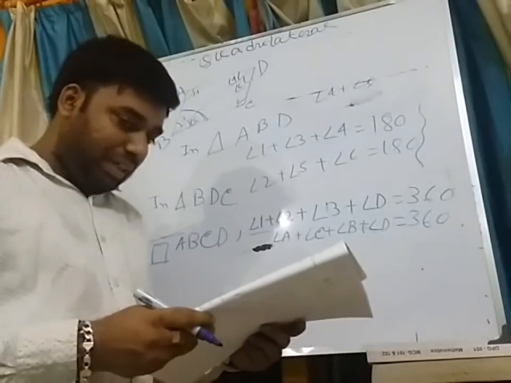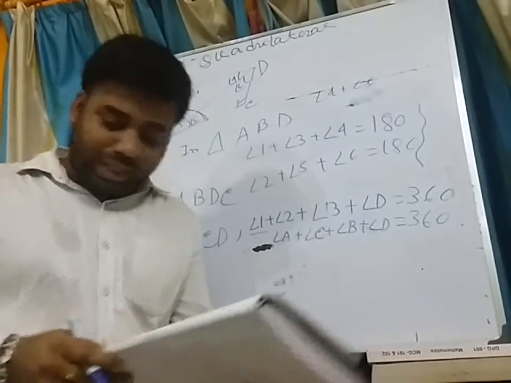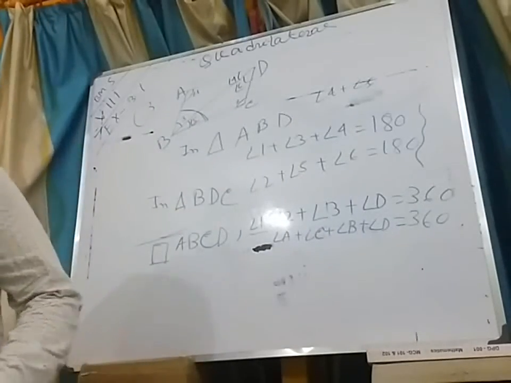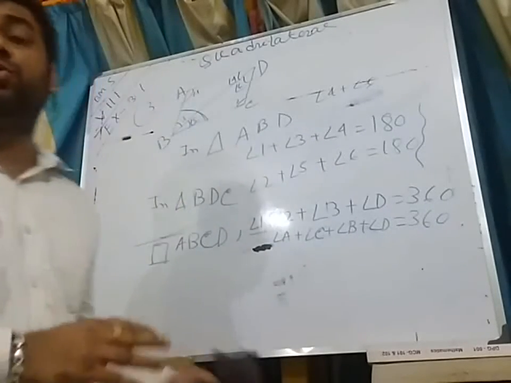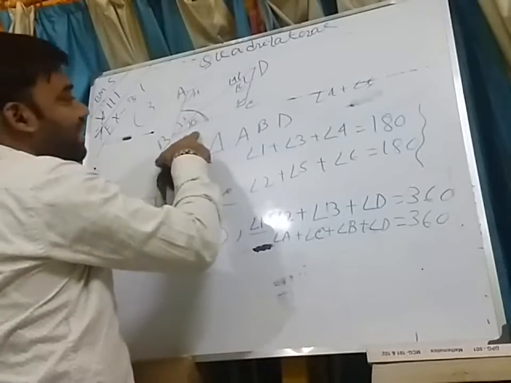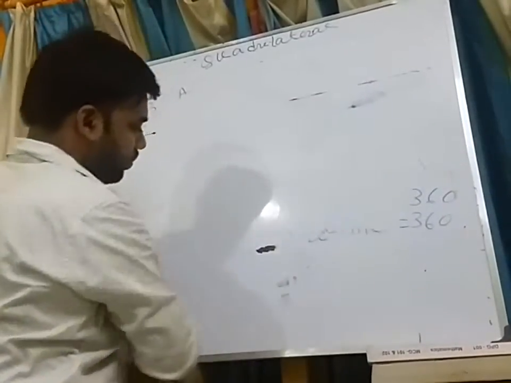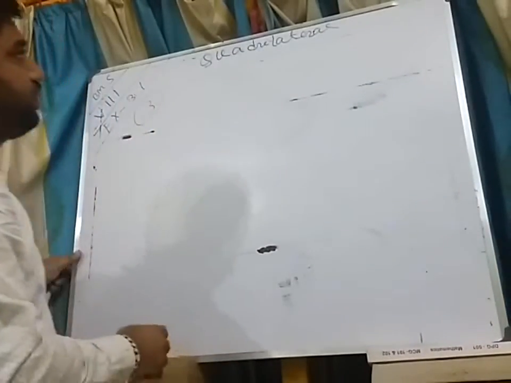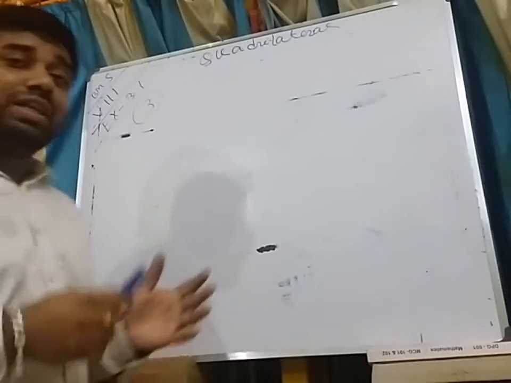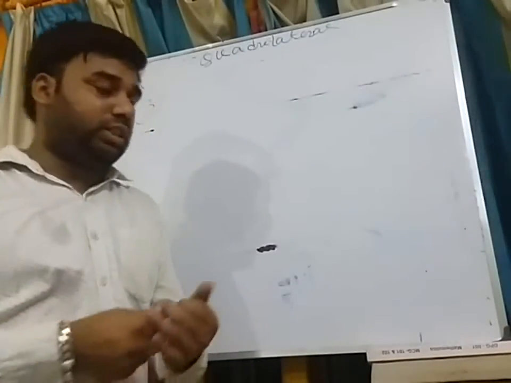Now in the second part, it is asked: if it is not a convex polygon, then how will you prove it? That was a convex polygon. Now if it is a concave polygon, it means one interior angle is more than 180.